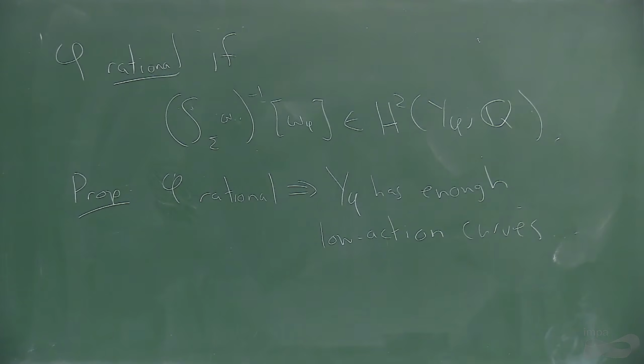There's a cousin of ECH for mapping tori of surface maps called periodic Floer homology. And this also has a U map, which counts ECH index 2 curves with point constraints. I'm not going to give a definition, but I'll just give a technical statement, which is what we get out of known properties of periodic Floer homology.